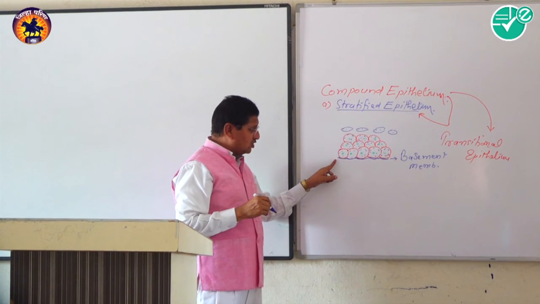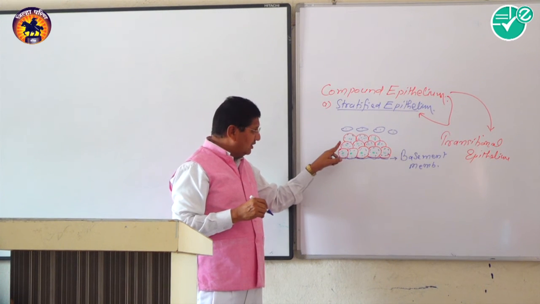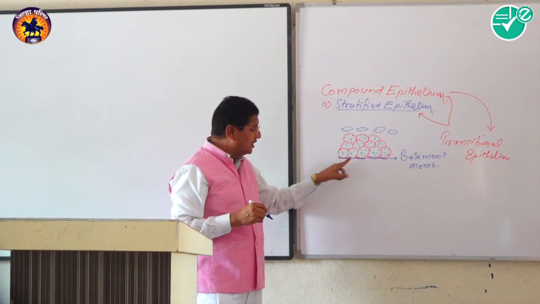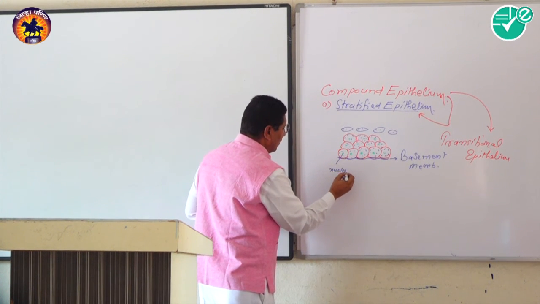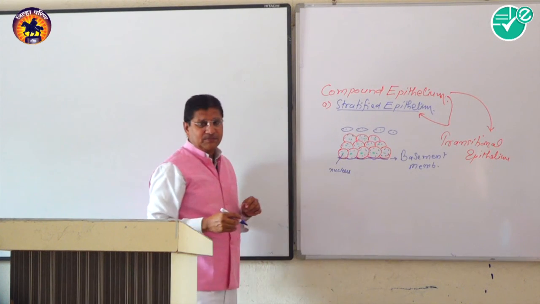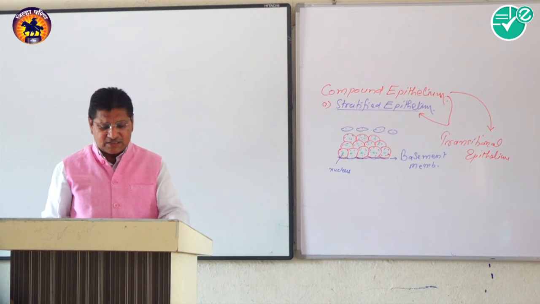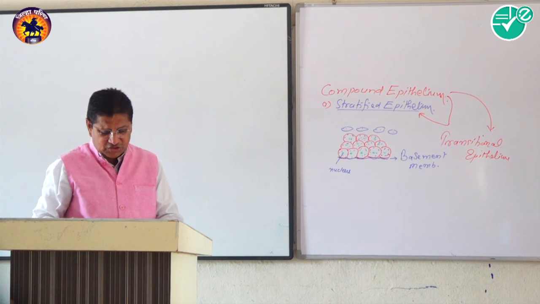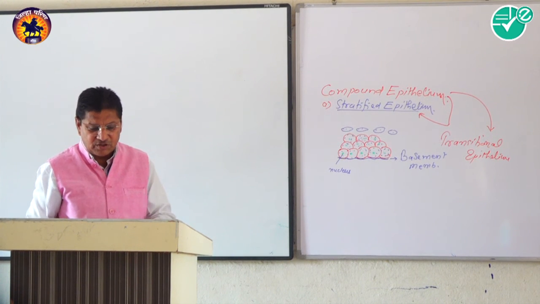The cells at the basement membrane and a few layers away from it contain a nucleus. But in the case of the dead cells, there is no nucleus. The cells at the free surface are flat and without a nucleus. Such types of cells are known as the stratum corneum.